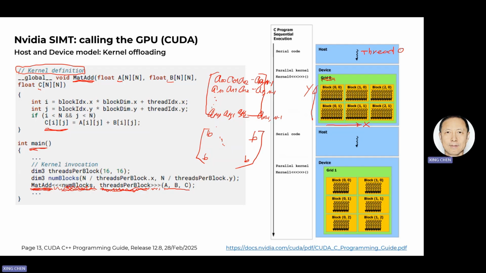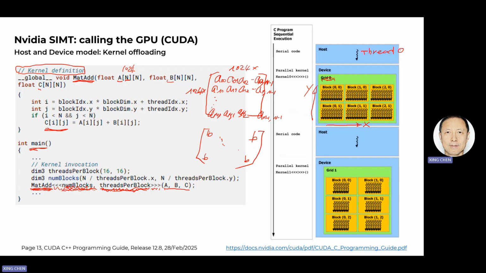Now the fact is that you have lots of threads. Suppose this matrix is 1024 by 1024. That means n here is 1024, and that means you have 1 million elements for each matrix.